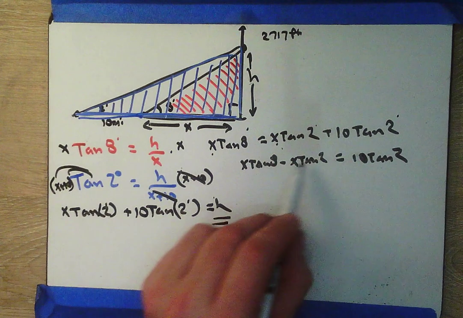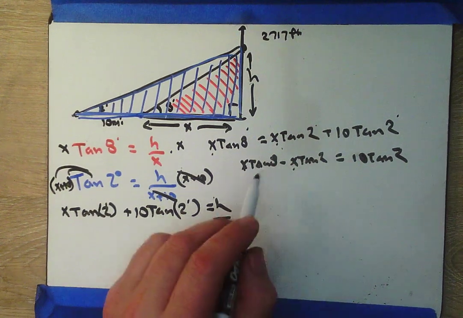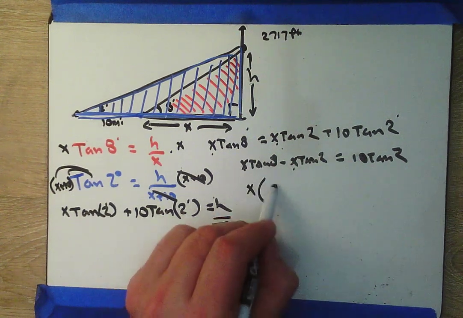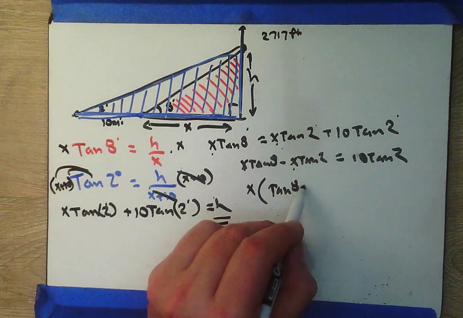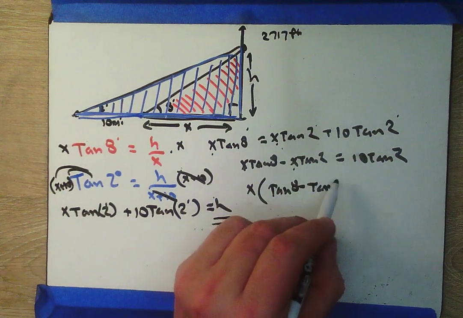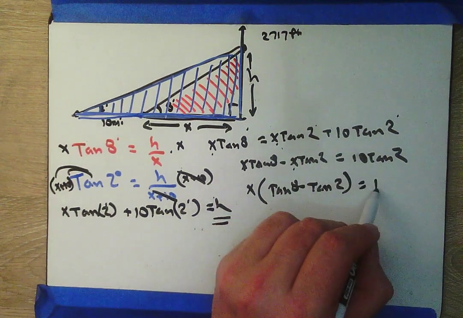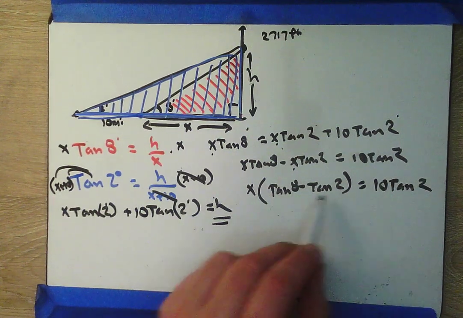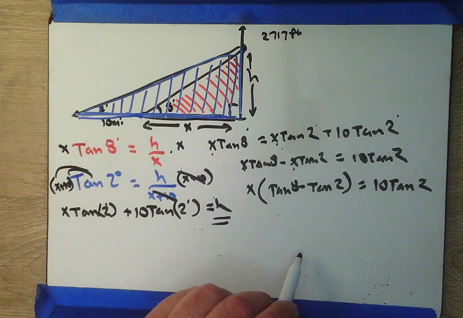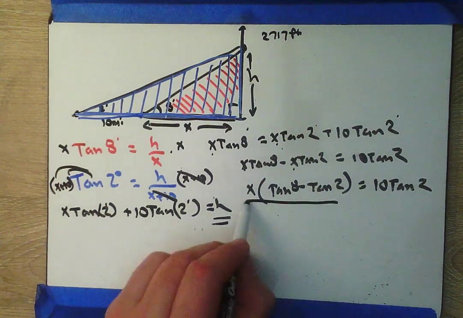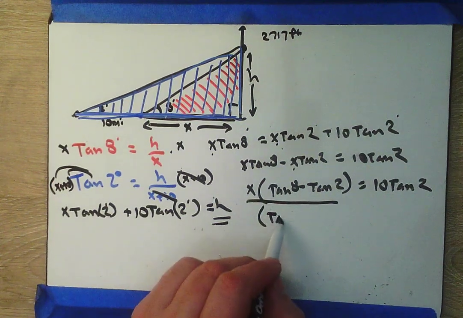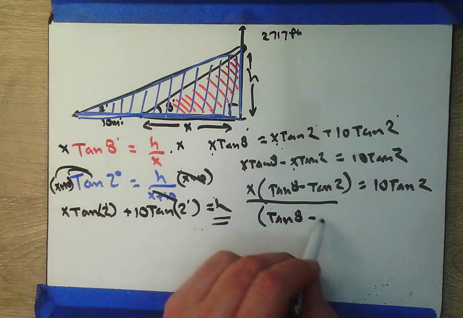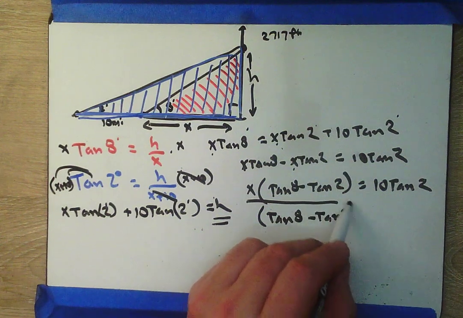I can't do that subtraction. What I can do is factor out an x, leaving me (tan 8 minus tan 2) equals 10 tan 2. Notice how all this stuff is attached to the x with multiplication. So if I want to get x by itself, I have to divide by tan 8 minus tan 2.